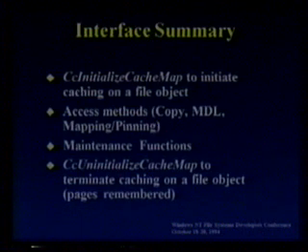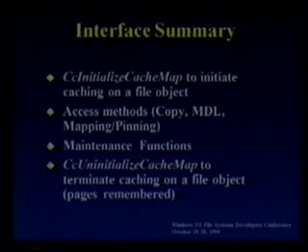And if that routine completes successfully, then you now have this file cached, and you can now use any of these access methods that we'll be talking about, or call a variety of maintenance functions on that cache stream. And then when you're all done using this particular cache stream, you can call CcUninitializeCacheMap to say, okay, I don't need that stream cached anymore.